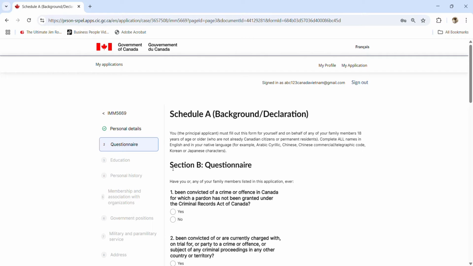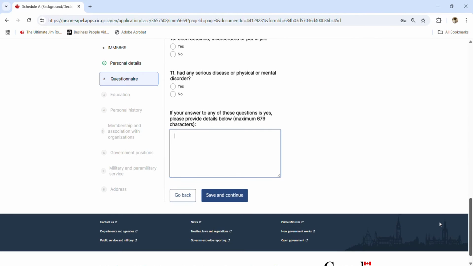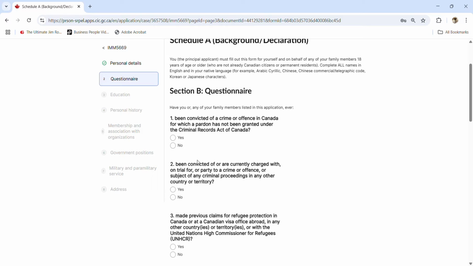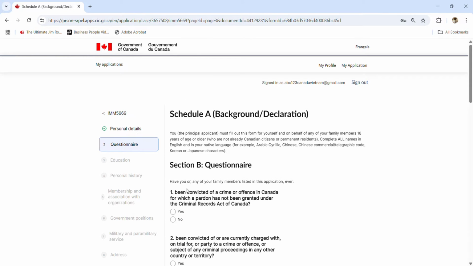Okay, Section B is the questionnaire, and you will have to answer 11 questions in here with yes or no. And if you answer yes to any of those questions, then you have to explain in that field. All right, so let's get started with number 1. Have you or any of your family members listed in this application ever been convicted of a crime or offense in Canada for which a pardon has not been granted under the Criminal Records Act of Canada?